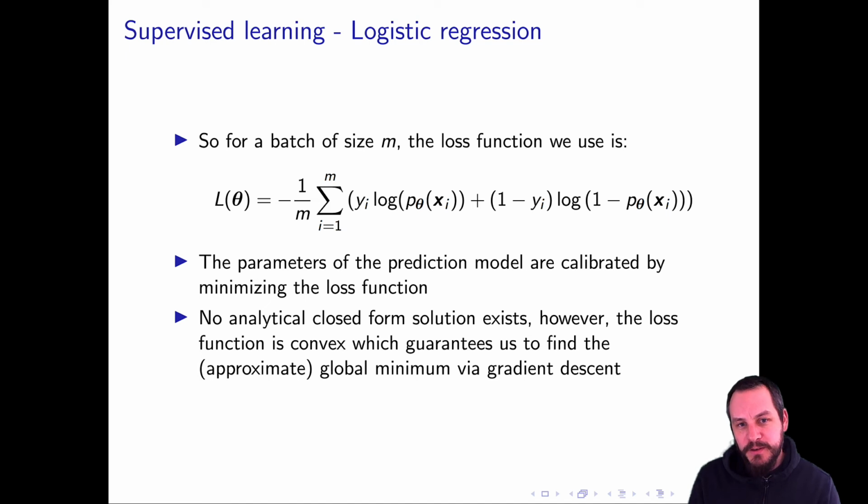And now for the logistic model, with this loss function, we already have a model where we do not have any analytical closed form solution to minimize this. So already here we need some sort of numerical optimization techniques. One that we already discussed is the gradient descent method.